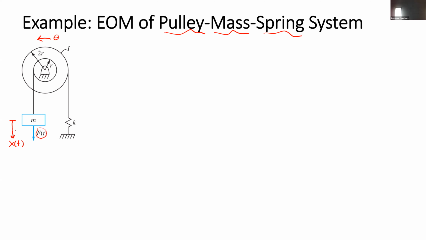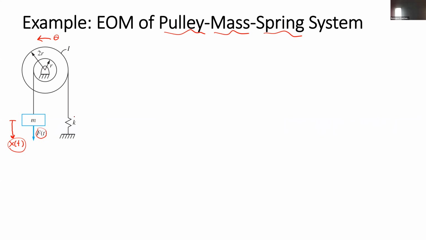Actually, the direction of the generalized coordinate and the force don't need to be the same. In this problem, the force goes downward. You also can select x to be positive in the upward direction and theta to be positive in the clockwise direction. You also can do that.